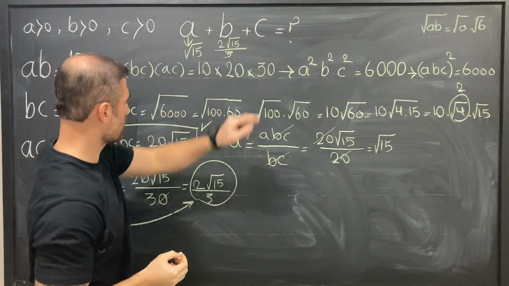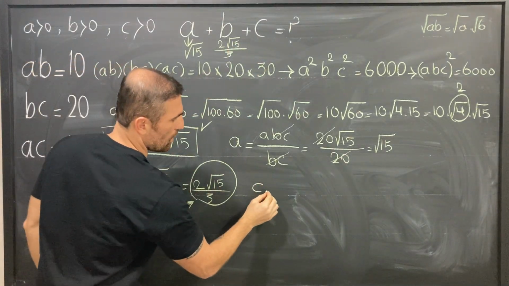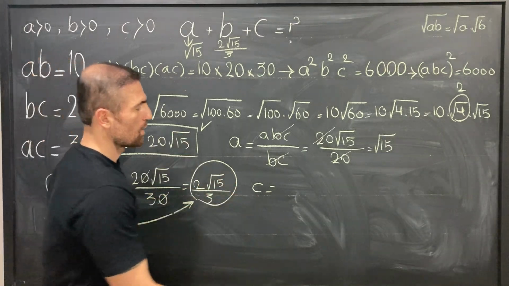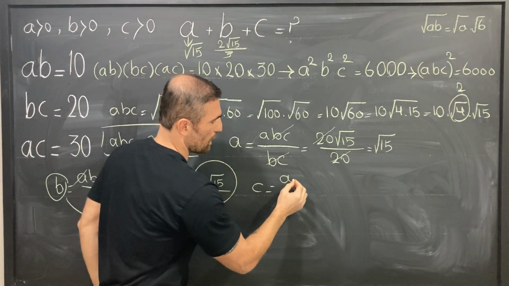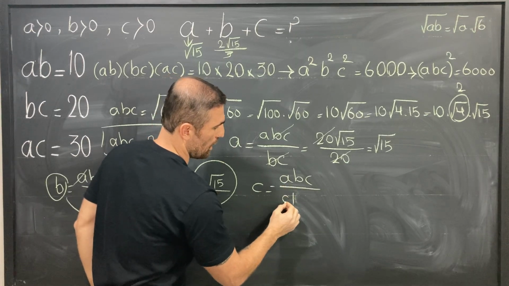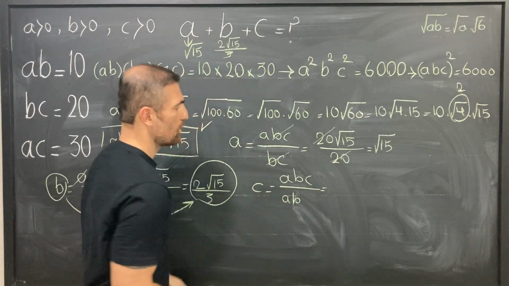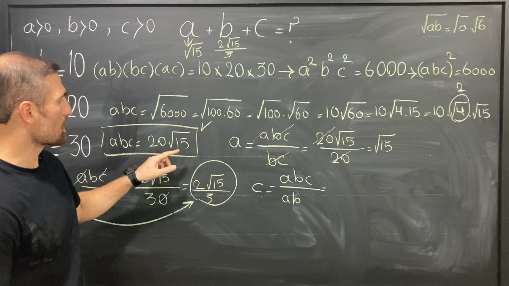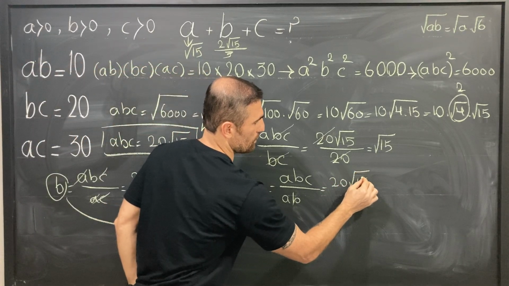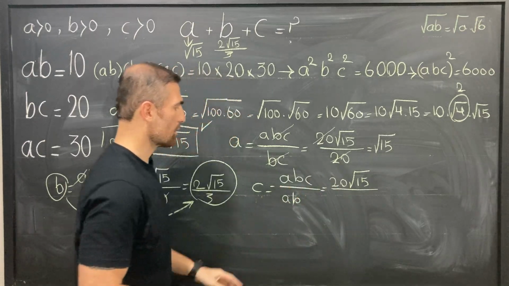Last one. What is the value of c? I'm going to use the same way to find the value of c. To find the value of c, I can divide abc by ab. What is the value of abc? 20 square root of 15. What is the value of ab?